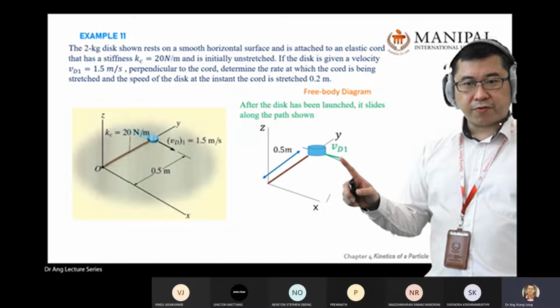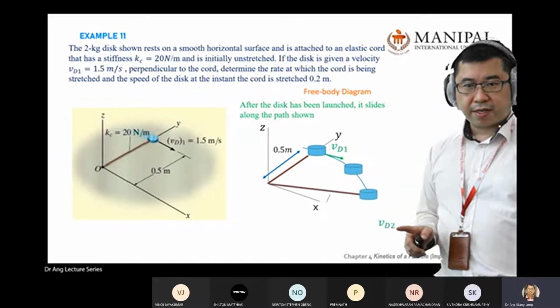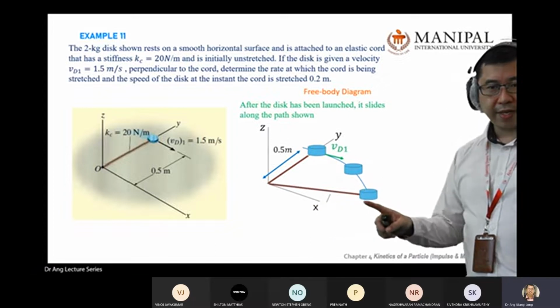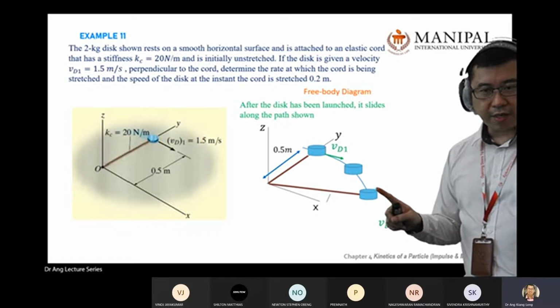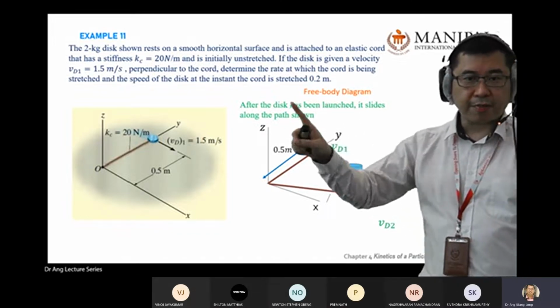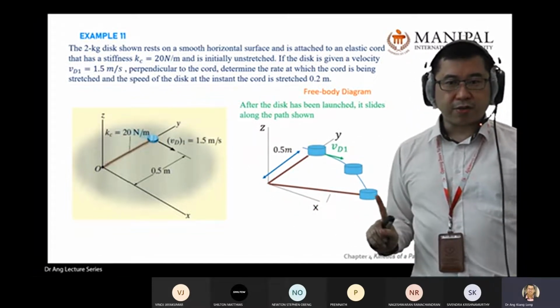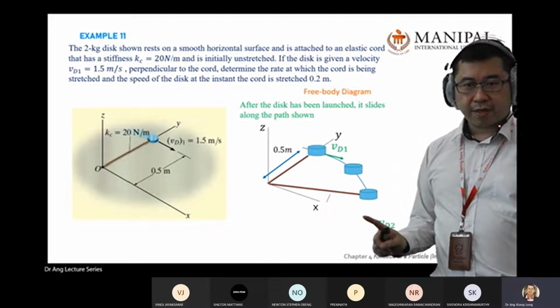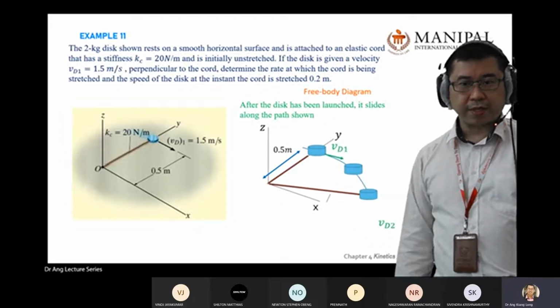And given vD1 is 1.5, you want to find the rate of the cord being stretched, and also the speed when the cord was stretched 0.2 meter.